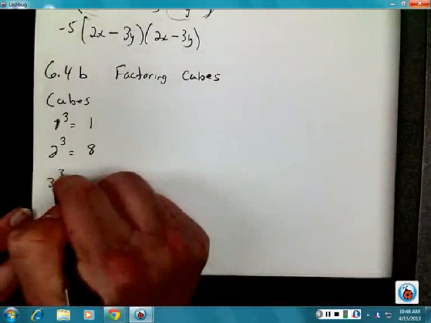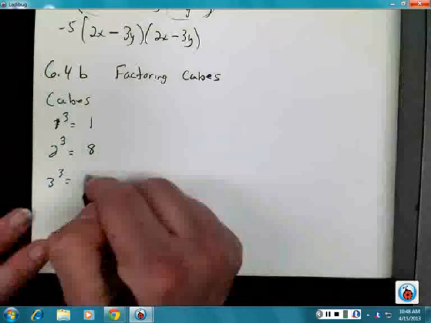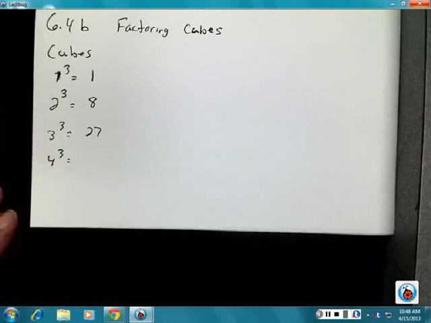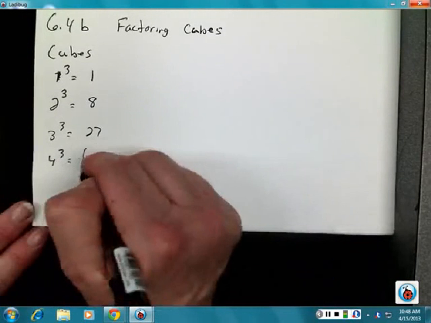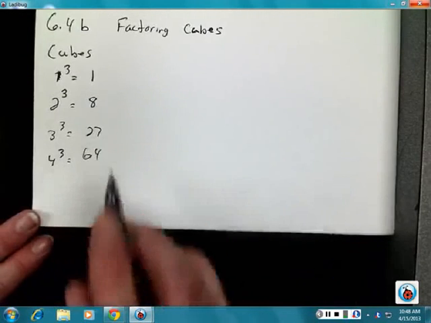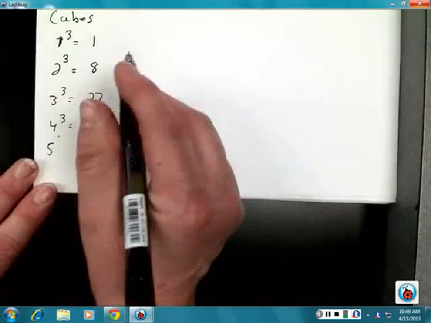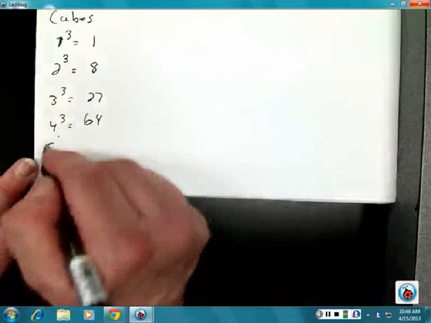What is 3 cubed? 27. 4 cubed? 4 times 4 times 4? What's 4 times 4 times 4? 64. Yep. Times 4 again.